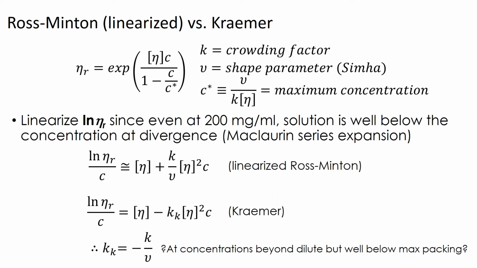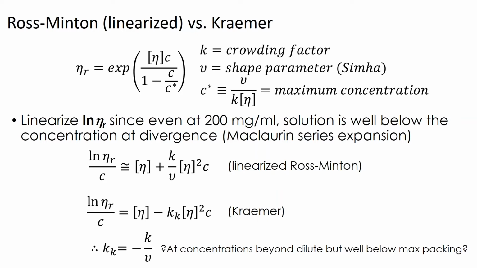One thing that some people do in the literature is to linearize this Ross-Mitten equation, which is what we've done here using a series expansion. The first equation is this linearized Ross-Mitten equation, and you see that it has a very familiar form. I've also added on the slide the Kramer equation because it has the same form, just a different coefficient in the second order term.